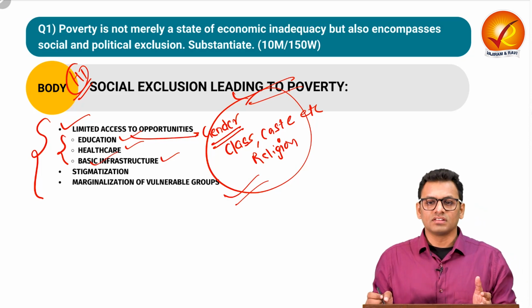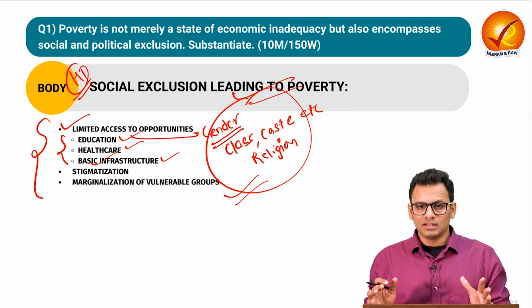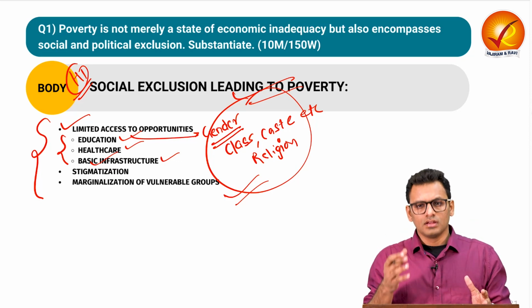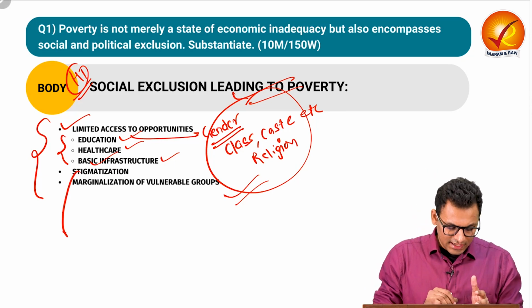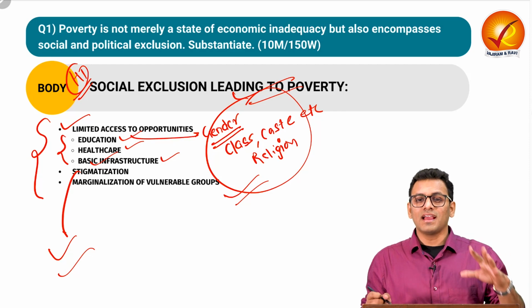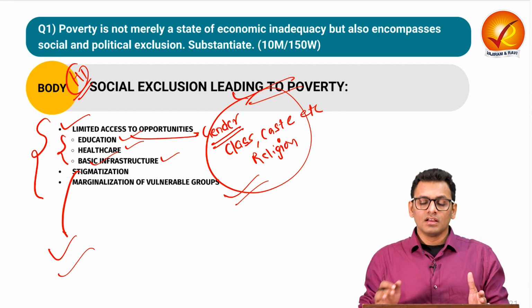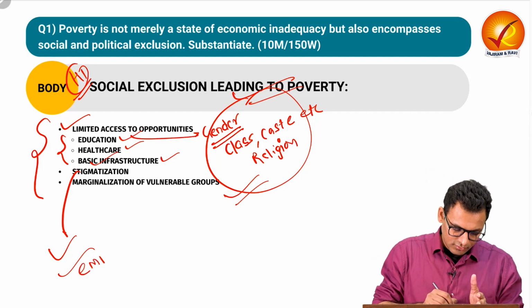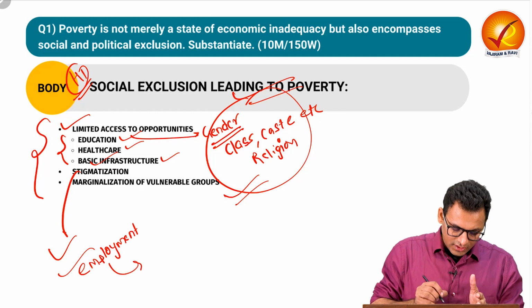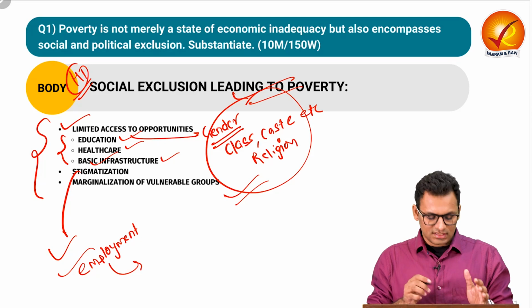For basic infrastructure, we have seen the proliferation of slums which do not have access to basic needs such as water and food. Next is stigmatization. We have seen how certain groups are stigmatized and discriminated against. They are not given access to opportunities such as employment. We have seen pink collarization with respect to gender discrimination.